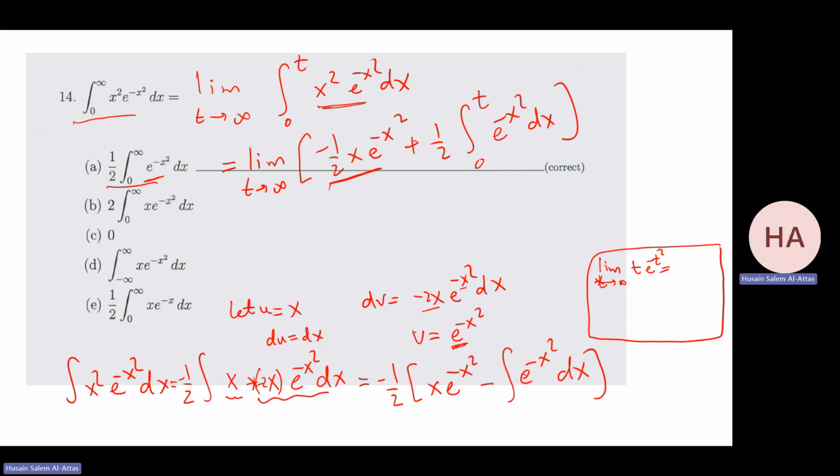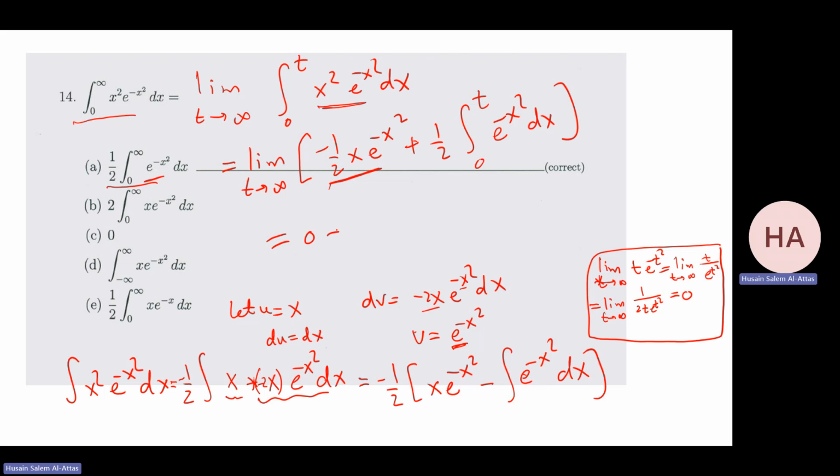It will be limit t goes to infinity t over e to the t square. That will be infinity over infinity, so I can apply L'Hopital's rule now. Limit t goes to infinity 1 over 2t e to the t square, and that will be 0. 1 over infinity, which is 0.